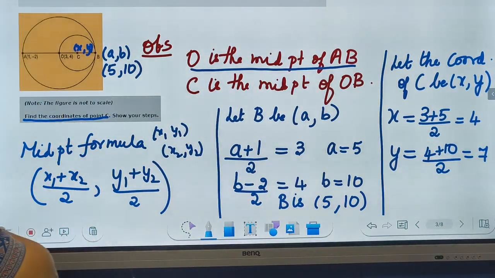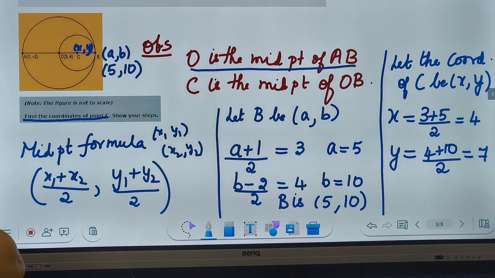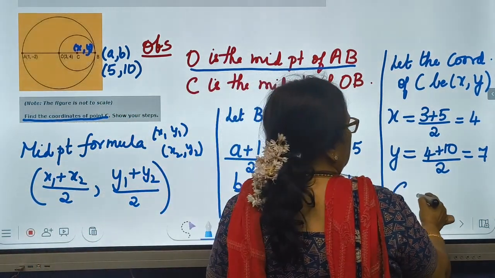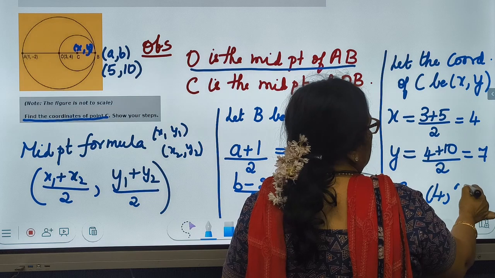So what are the coordinates of the point C? The point C is given by 4, 7. So C is 4, 7.